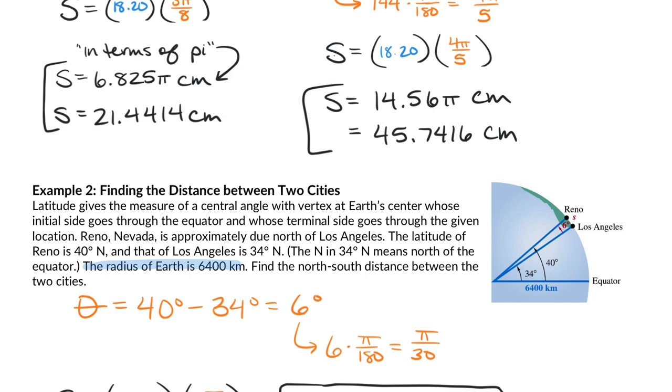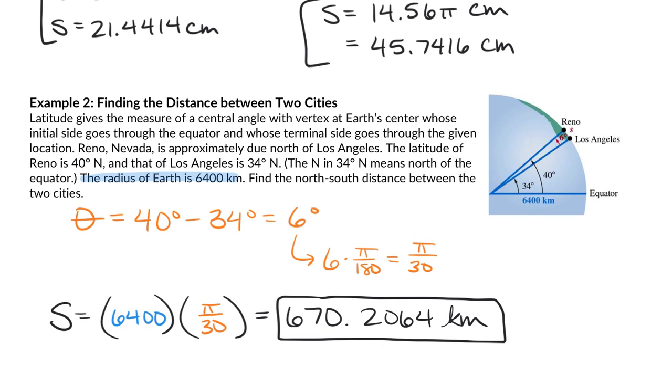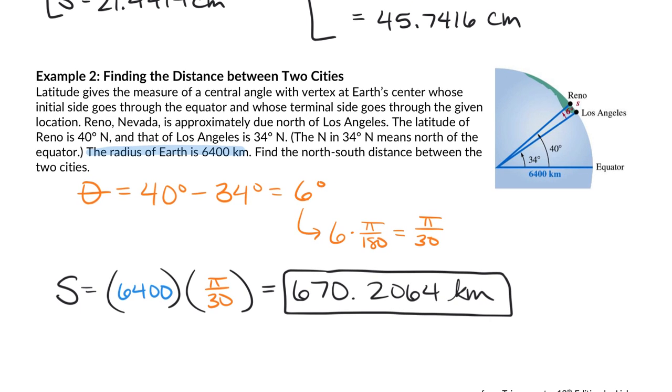To help you do it in your head. Because when I ask you what is 6 over 180, everybody panics because it's a fraction. But if I ask you 180 divided by 6, you're going to be able to give me a whole number. So is pi over 30 the exact same thing as 6 over 180? It is. Now check in your calculator, make sure I'm right. I was just trying to give you a tool to do it in your head faster than needing to rely on a calculator. But that was a great question.